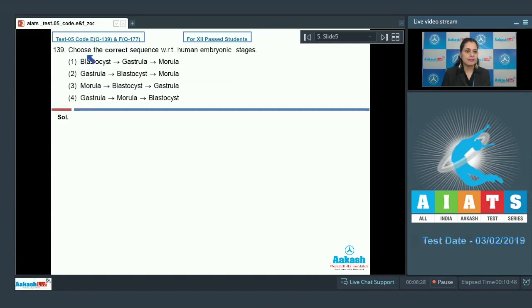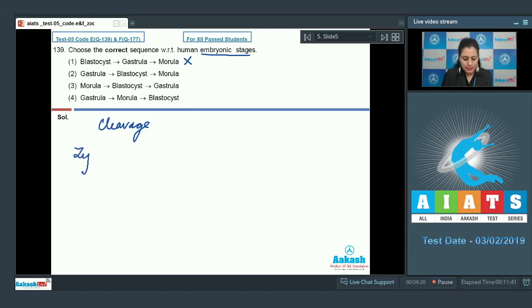Question number 139. Choose the correct sequence with respect to human embryonic stages. The very first option given is blastocyst, followed by gastrula, followed by morula. This is an incorrect option because embryonic development starts with cleavage and undergoes the following steps.